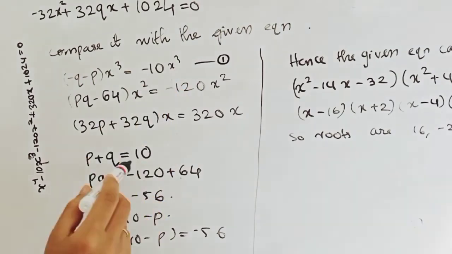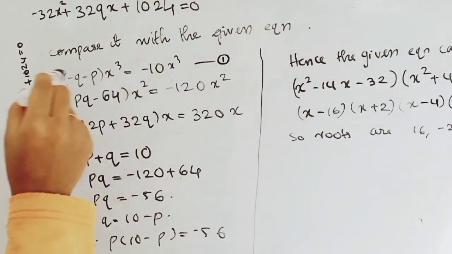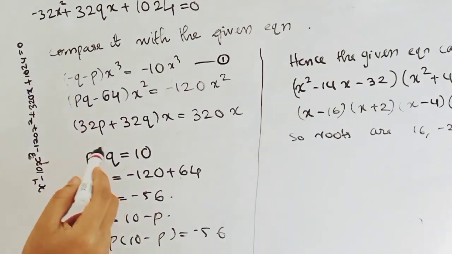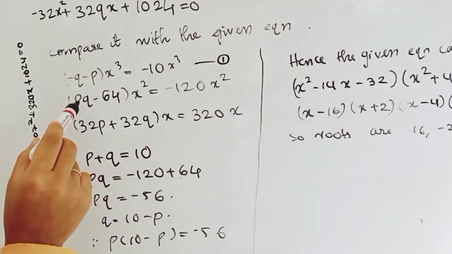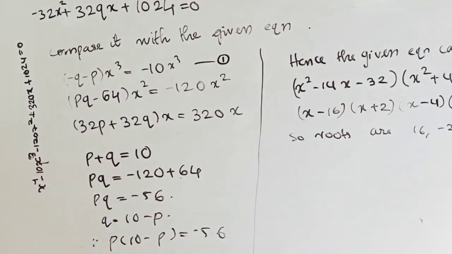So from this we can write p plus q is 10, and pq minus 64 equals minus 120, so pq equals minus 120 plus 64, that is pq equals minus 56.